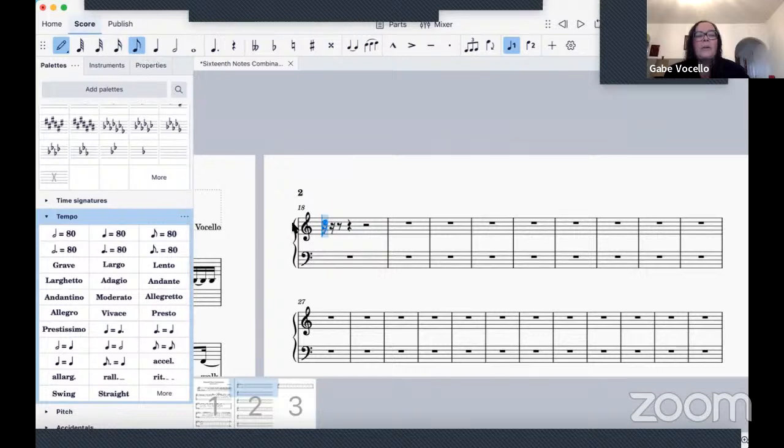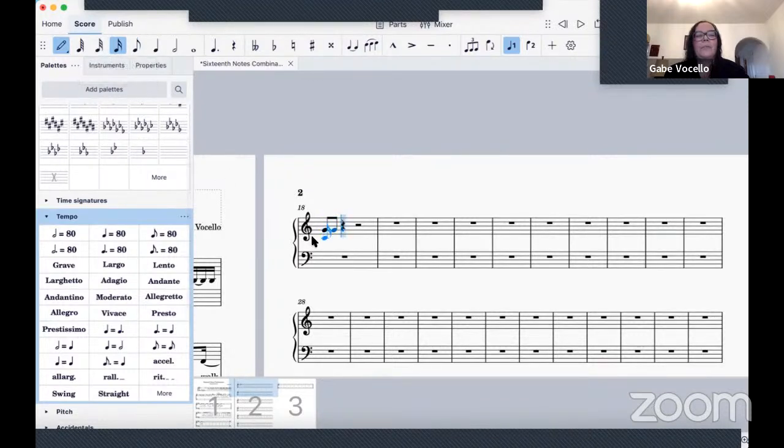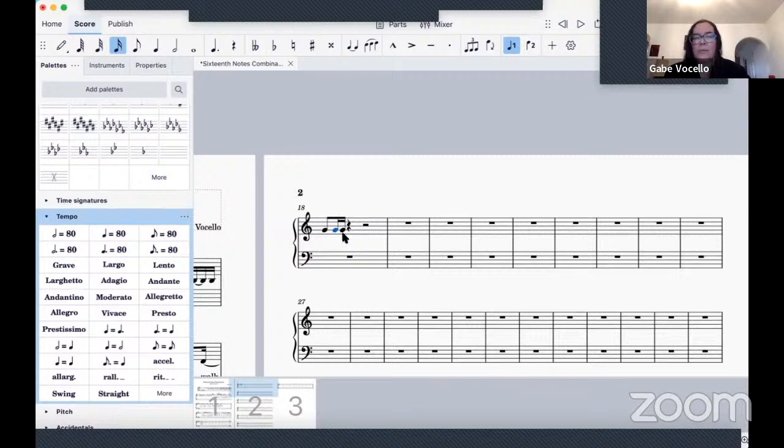One-eighth note is equal to 2/16 note. One chord note is equal to 4/16 note.